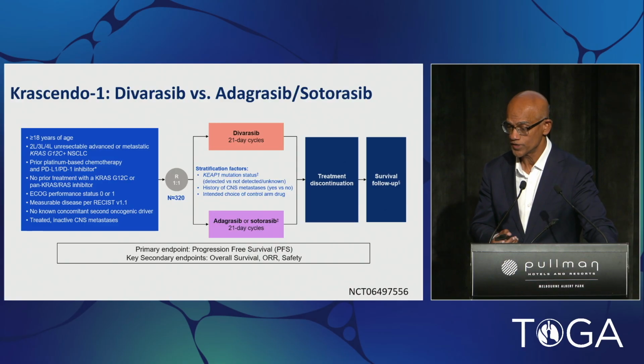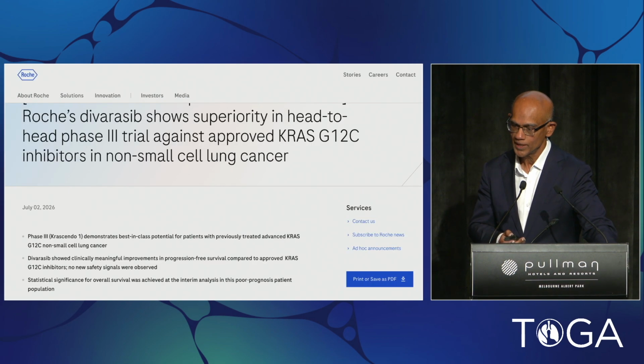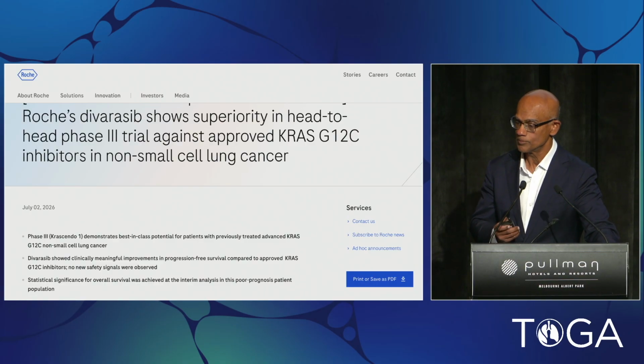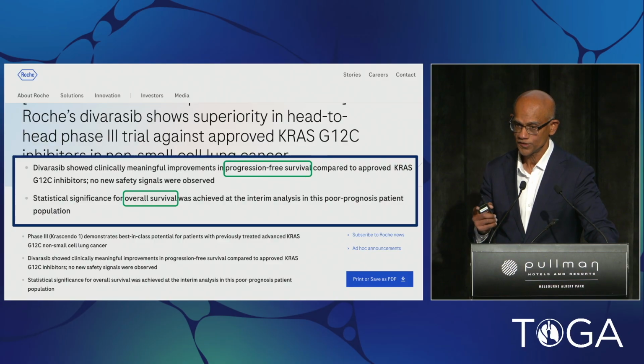And the primary endpoint of the study was progression-free survival and a number of secondary endpoints, including overall survival. And we learned just over 2 weeks ago that this study is positive. And importantly, it's positive not just for progression-free survival, but also for overall survival.